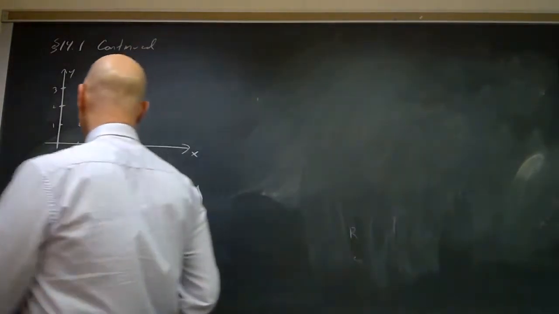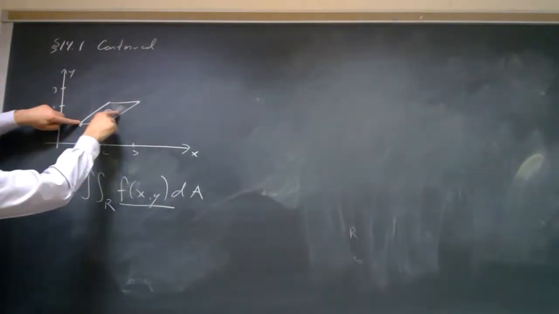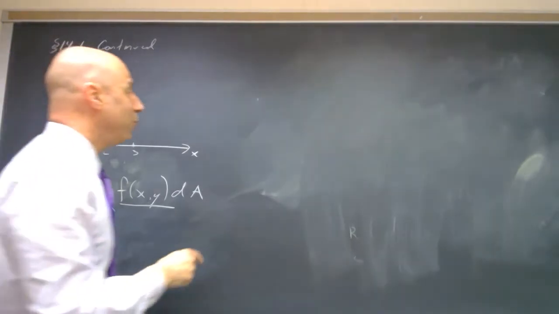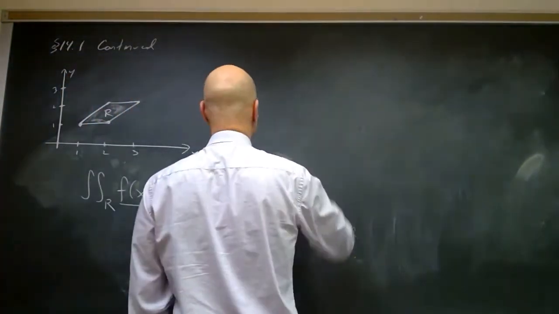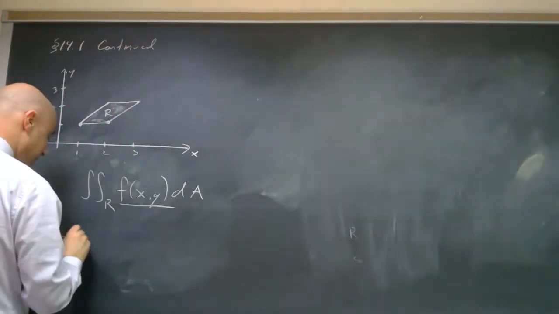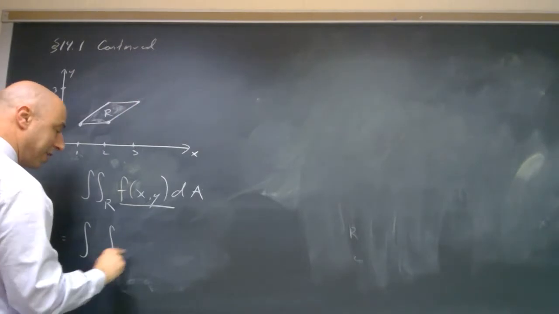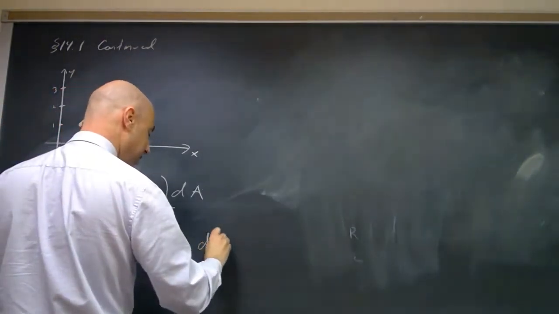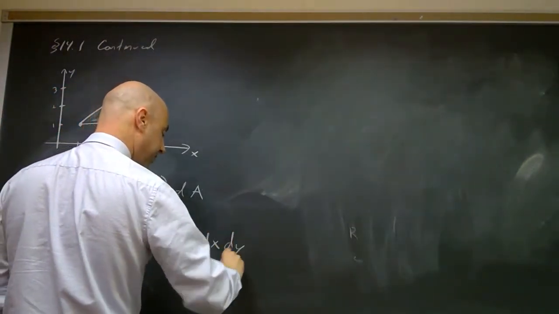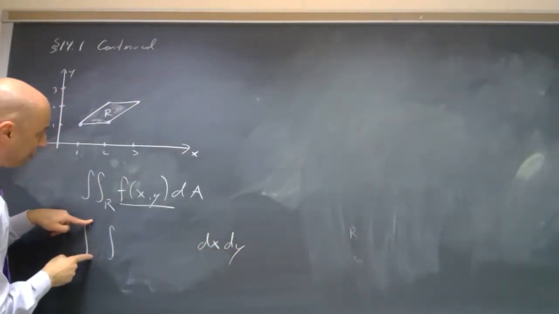But let's see why this might be easier doing x on the inside and y on the outside. So we could very easily evaluate this as, so I'll leave a little bit more space between my integral symbols. Now we'll do x on the inside and y on the outside. Now the outside one, remember, we always have numbers here and here.